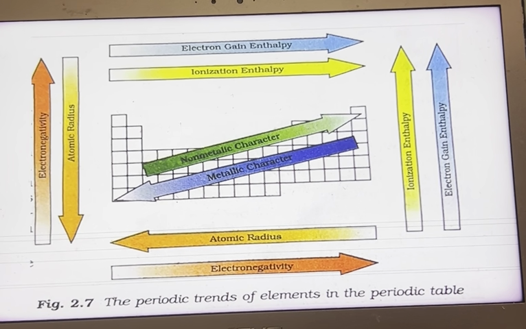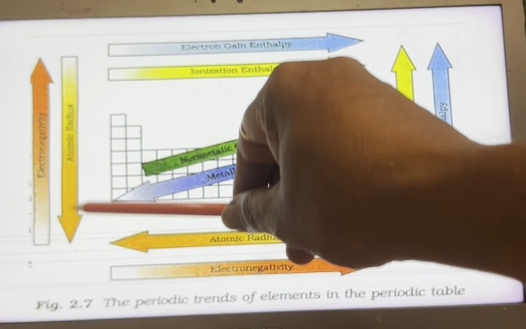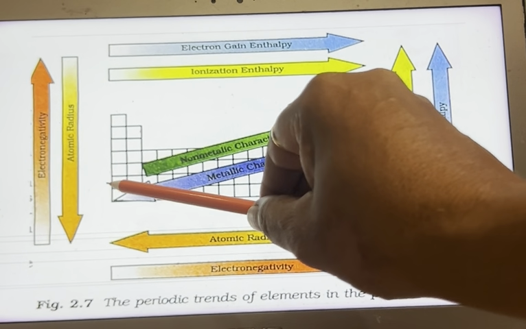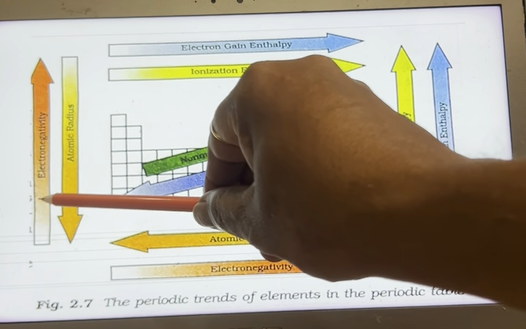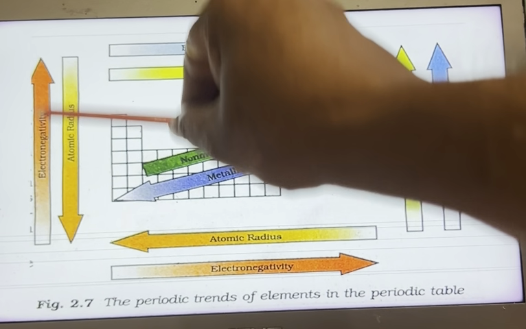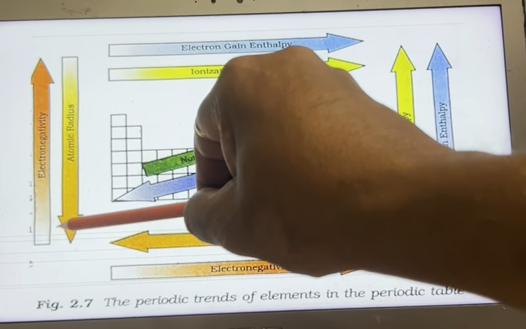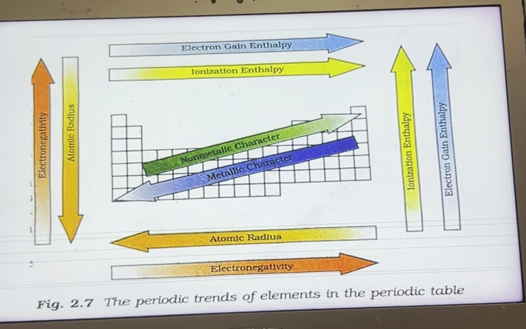Let us learn each thing afterwards anyway. Now I will show what happens to atomic size. As you move from top to bottom, atomic radius increases, and electronegativity decreases, because the arrow's sharp head indicates the increasing side.